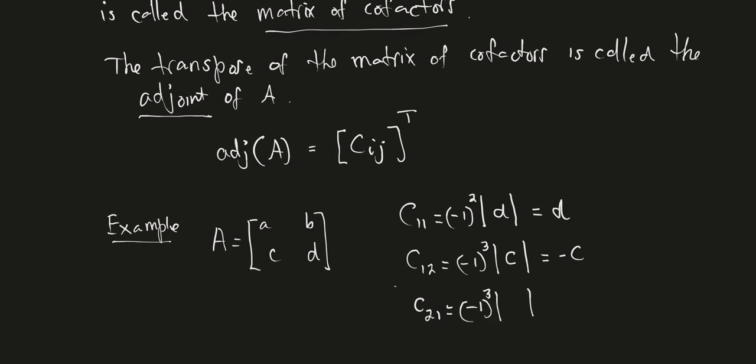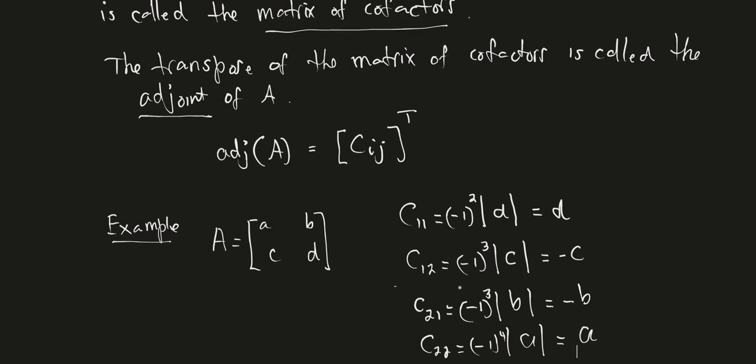Now delete the second row, first column, which just leaves b. The determinant of a 1 by 1 matrix is just that entry, times negative 1, so the C21 cofactor is negative b. And finally C22 is negative 1 to the fourth power. Delete the second row, second column, so we're just left with a, times a positive 1, so that's just a.